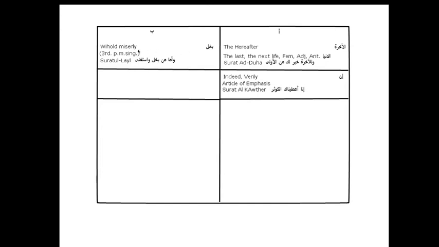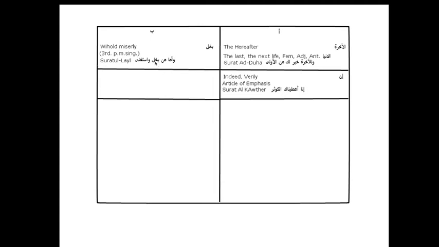The word bakhila, it means withhold, miserly. It's third person. Here it's in the past tense, it's masculine, it's singular. These are general information about the word that you can add. If you don't know this information, you can refer to the dictionary that I just mentioned, or you can ask your teacher.